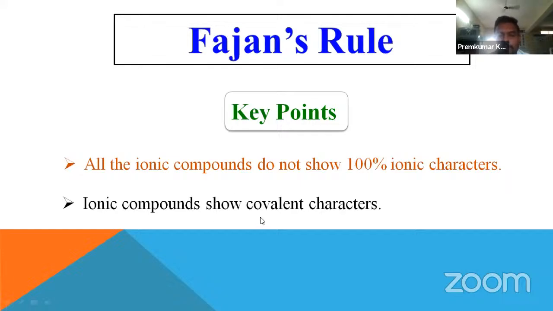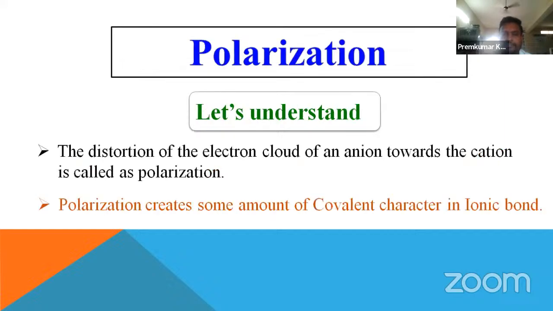Again, ionic compounds show covalent character. I will tell them how these ionic compounds show covalent character, and what the different criteria are to decide these covalent characteristics in ionic compounds. Thoroughly, I will explain one by one each terminology involved in Fajans' rule.